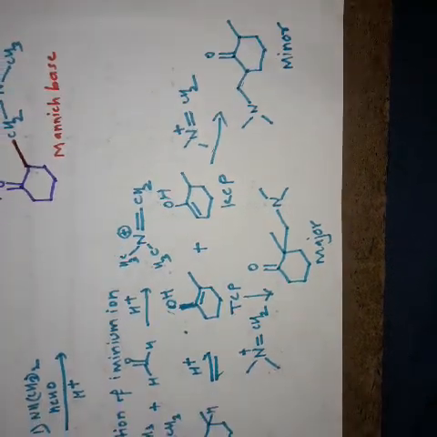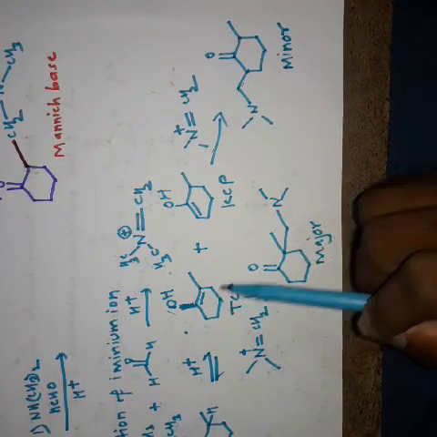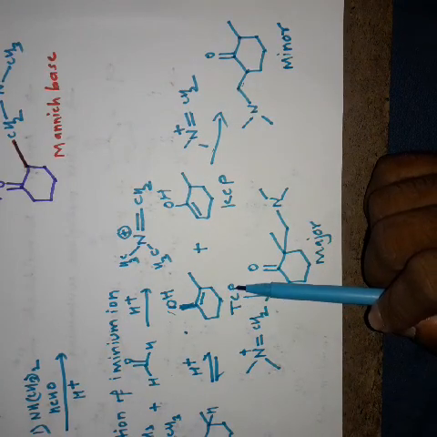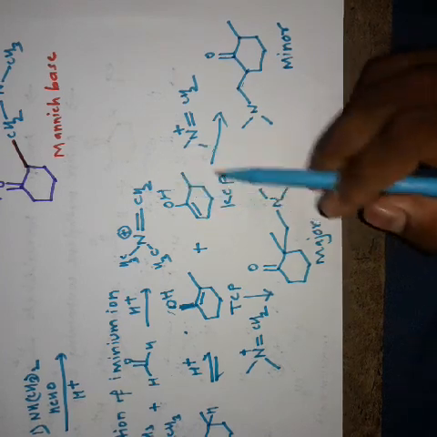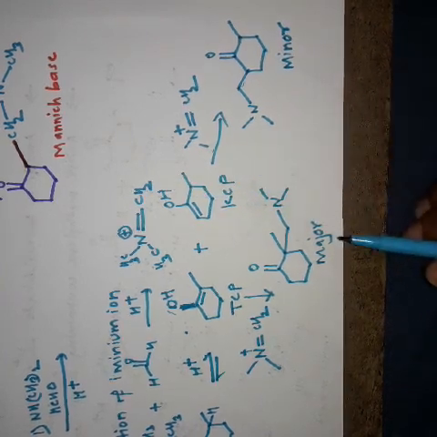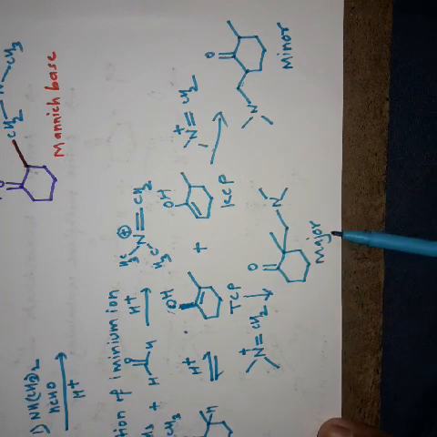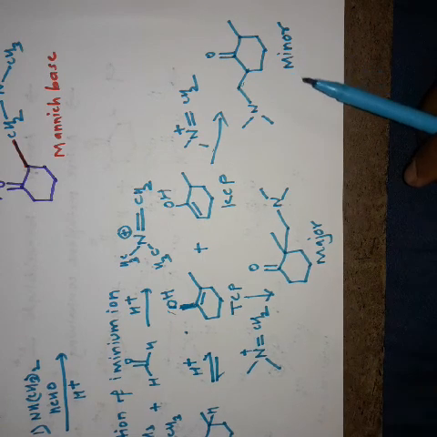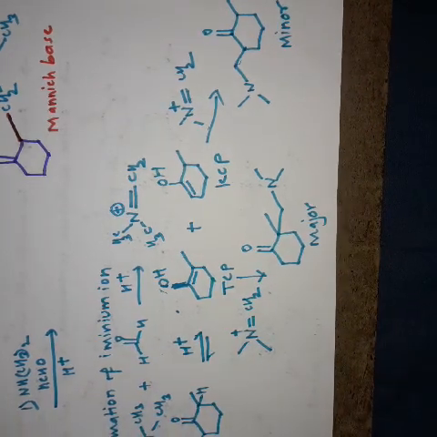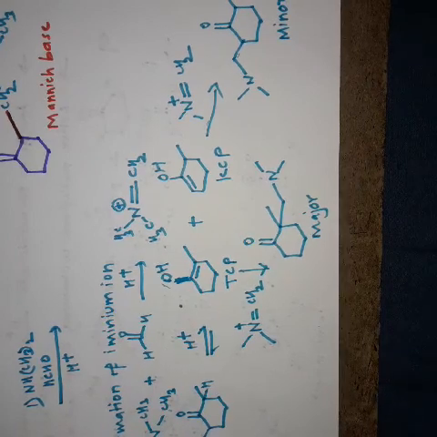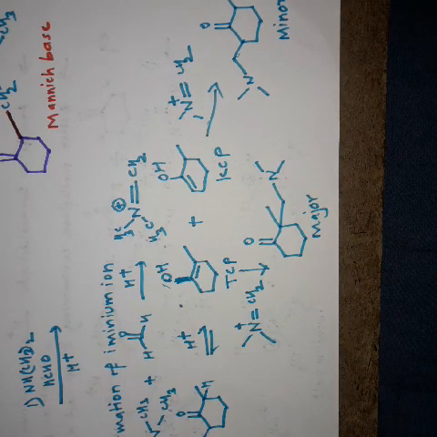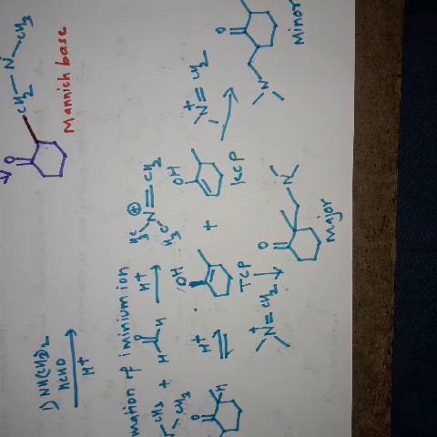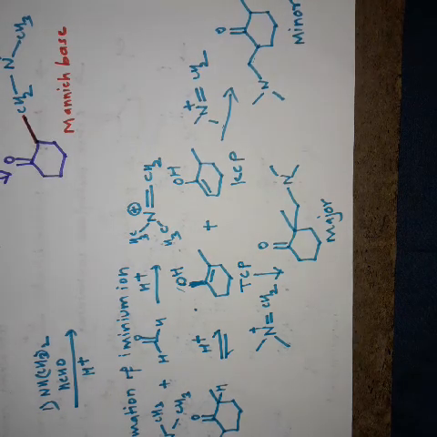So the reason is this enol is the highly substituted one, so that will be thermodynamically controlled. This enol is the less substituted one, that will be kinetically controlled. Therefore the thermodynamically controlled one will provide us the major product, and the kinetically controlled one will provide the minor one. So if an unsymmetrical active methylene containing carbonyl compound is there, then we have to see which side is more substituted in the case of enol, or enolate.